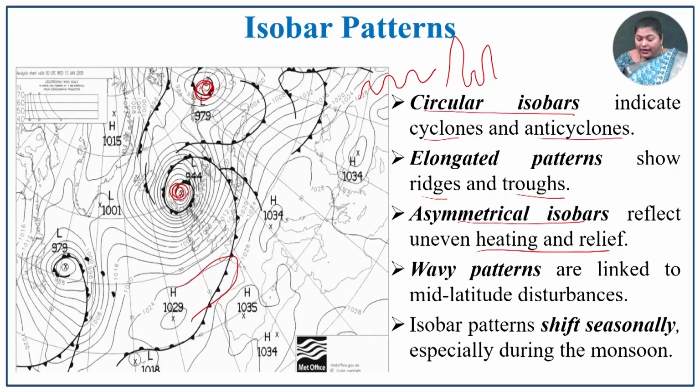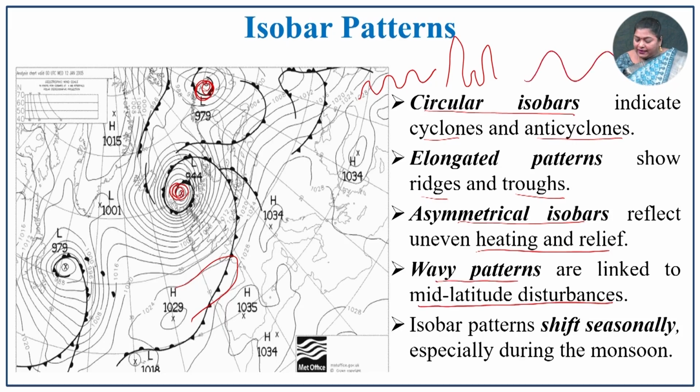These ups and downs are because of the influence of different altitudes, that is relief features, as well as the differential uneven heating process. If the isobar is wavy in pattern, it is linked with the mid latitude disturbance, that is the jet streams in the mid latitude region. So, it is a wavy pattern.